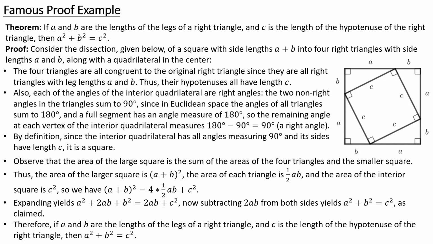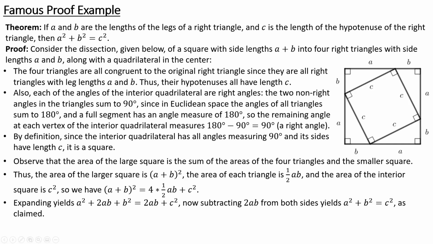Now, some mathematicians, once they get to the second to last line, as claimed, like to just consider it done. I find that students don't always know that. So I always add a statement basically connecting what we were supposed to be proving with what we just found.